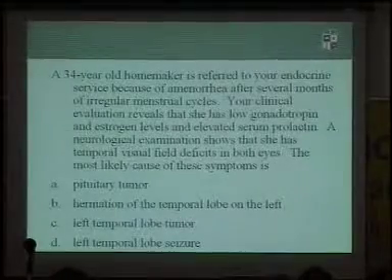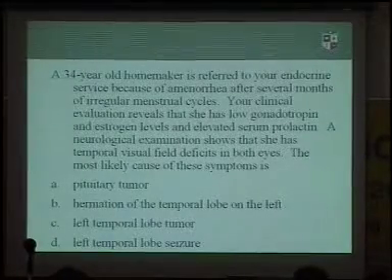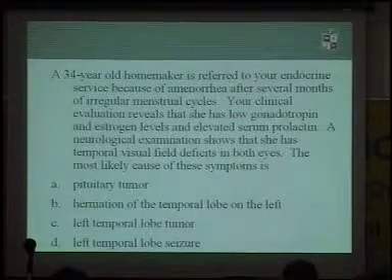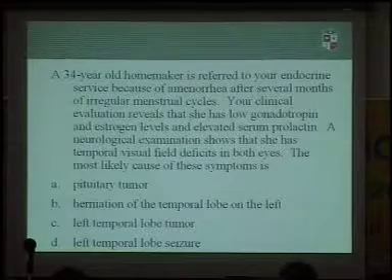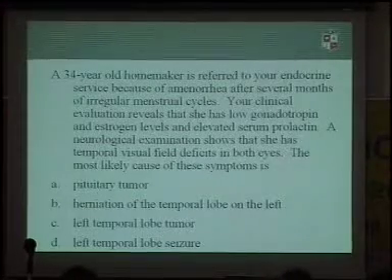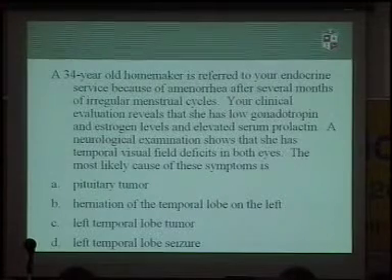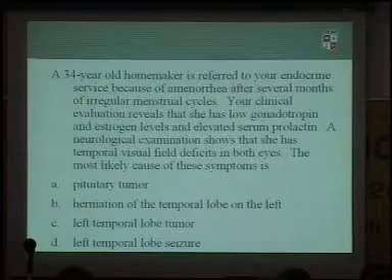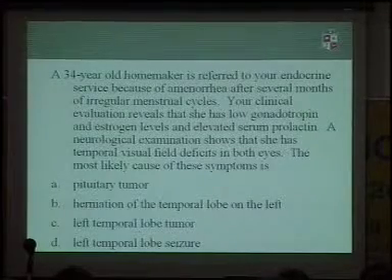Okay, a 34-year-old homemaker is referred to your endocrine service because of amenorrhea for several months, after several months of irregular menstrual cycles. Your clinical evaluation reveals that she has low gonadotropin and estrogen levels and elevated serum prolactin.